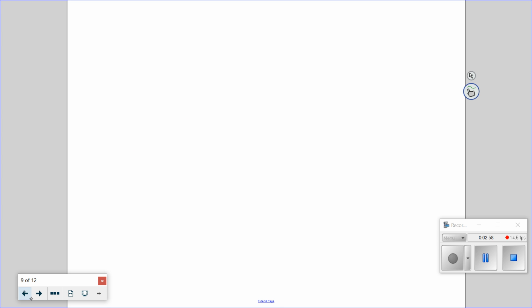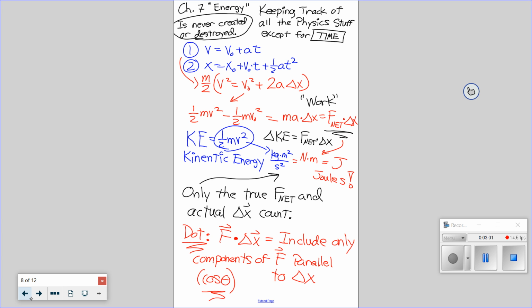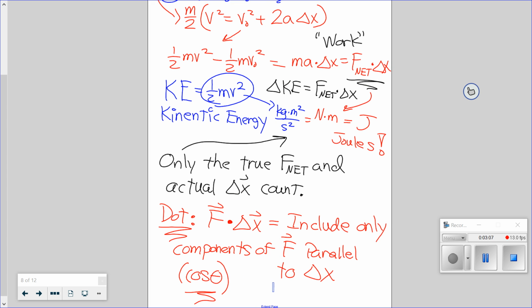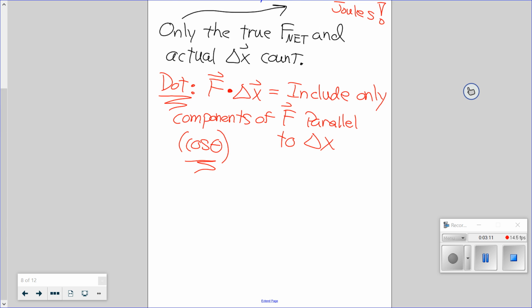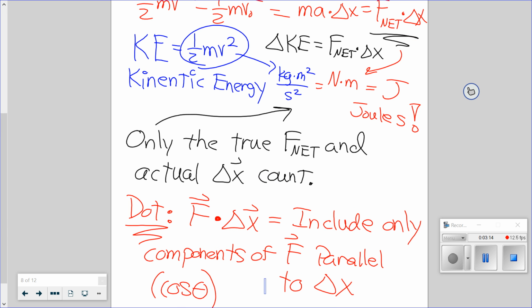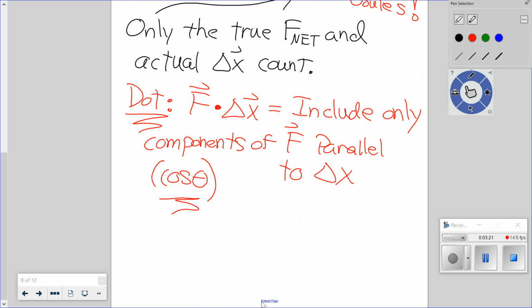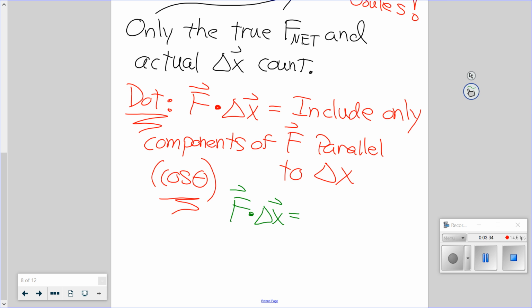A better way to write this, F dot x, net force times displacement, is if I just take the magnitude of the force times the magnitude of the displacement times cosine, always cosine, of the angle between them.